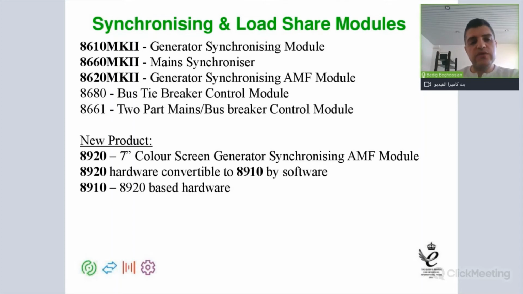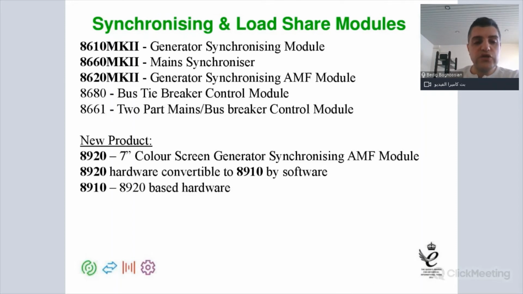The most common synchronizing controller is the 8610 MKIII. The 8610 MKIII is a generator synchronizing controller. So if you have a multiple generator synchronizing application, where devices need to communicate together via the MSC, you use the 8610 MKIII. If you got a main source, then you use the 8660.